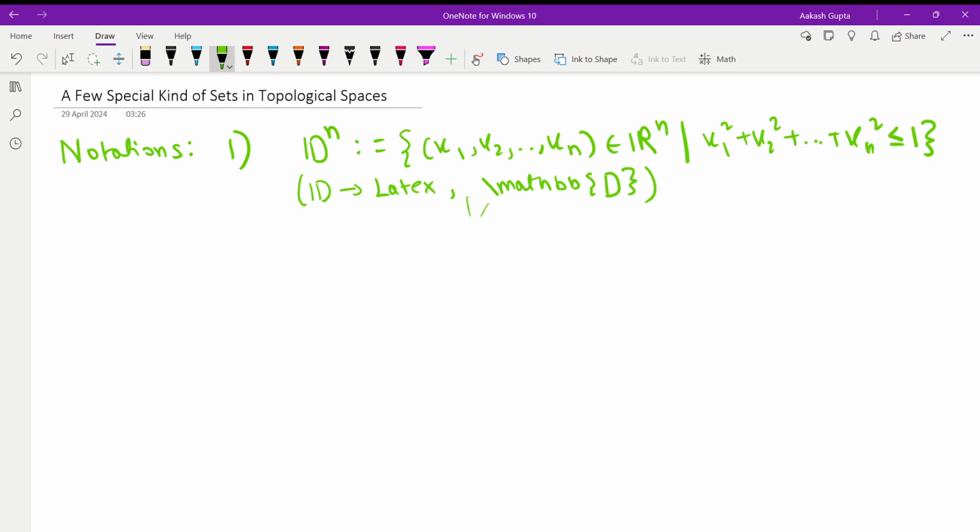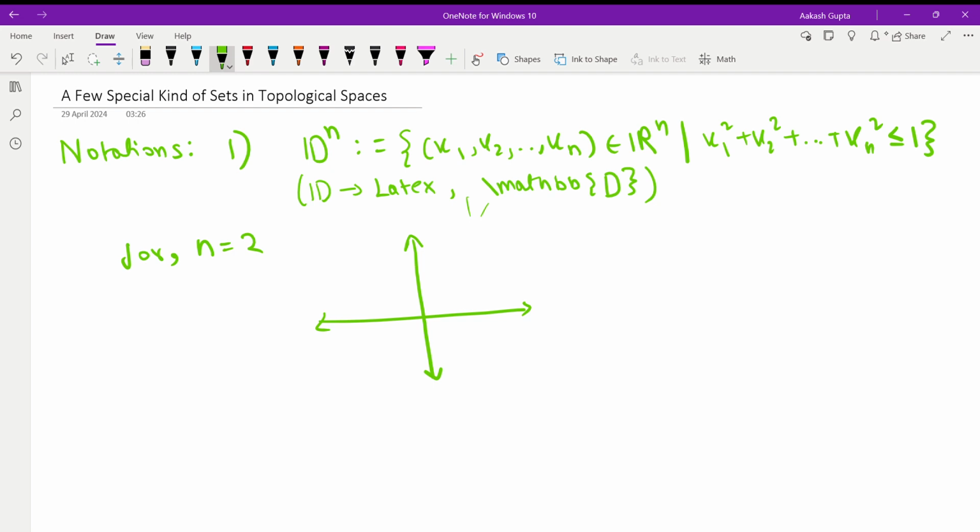So let me give you the description of this set in say n equal to 2. Of course I know you know this thing, but still just plot it. So what is it, guys? Let us have this R2 here and the collection of all points.